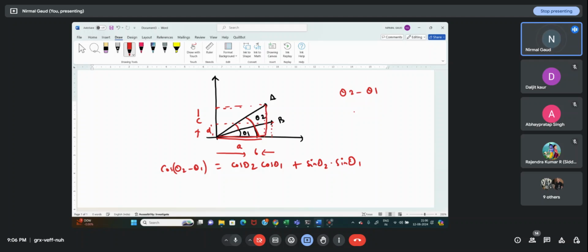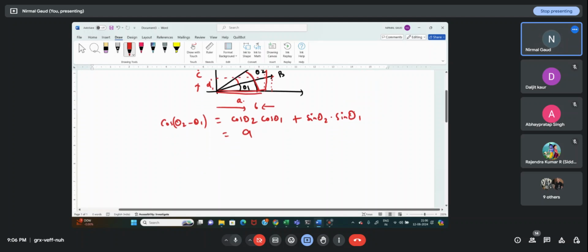So what is it? Base upon hypotenuse. What is base? Base is a. And the hypotenuse is the square root of perpendicular squared plus base squared. It means a squared plus c squared. So let me write under root of a squared plus c squared.